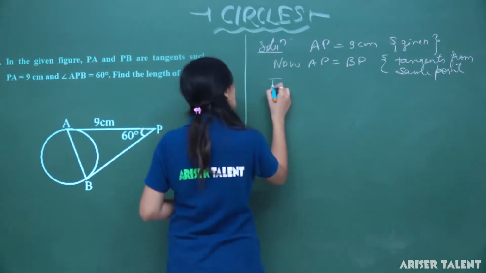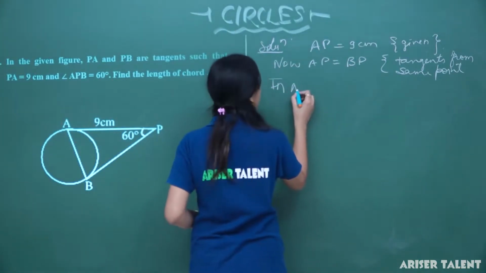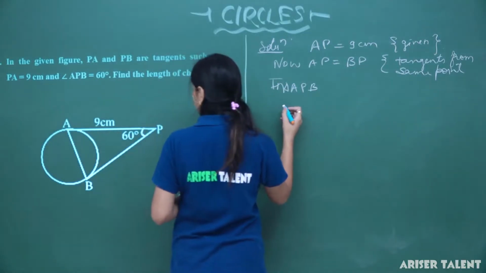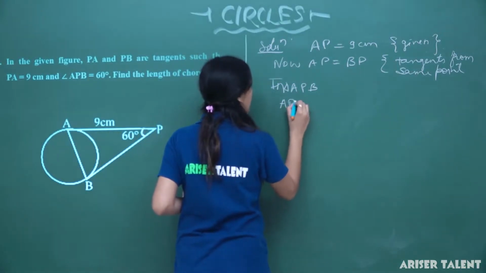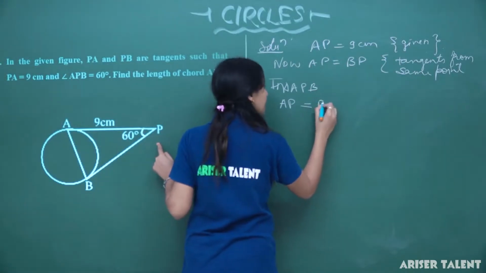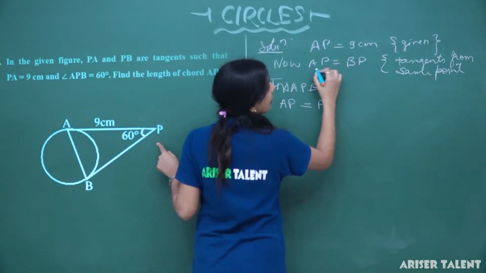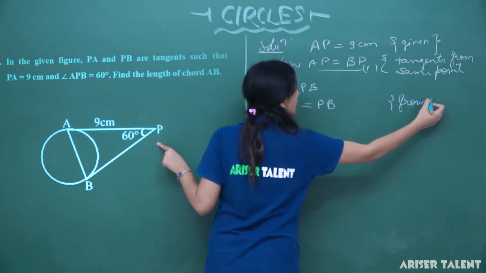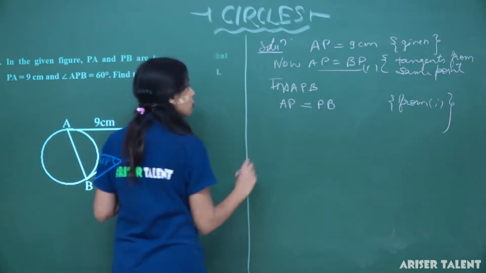In triangle APB, AP equals PB, let's say it's 1, from the first I can say this. So AP equals PB.